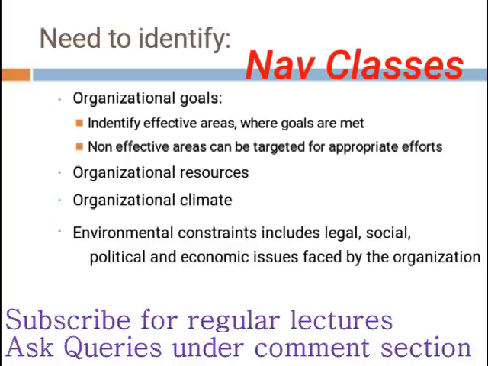Equal employment opportunity goal should be considered when determining how people will be assigned to a training program, especially if the program is a prerequisite for entry into a particular job. Similarly, economic issues such as increased competition can also have an impact on human resource development programs. There are certain environmental constraints like legal, social, political, economic issues faced by an organization.